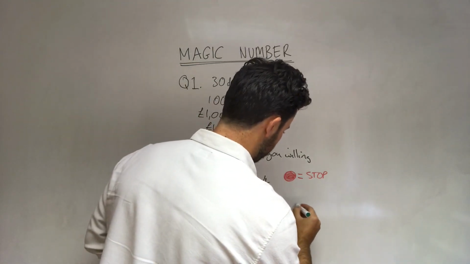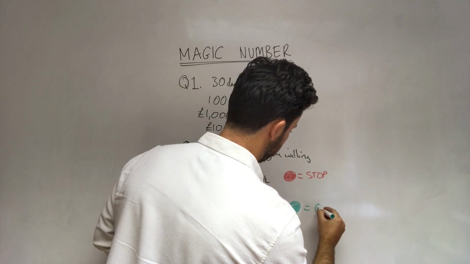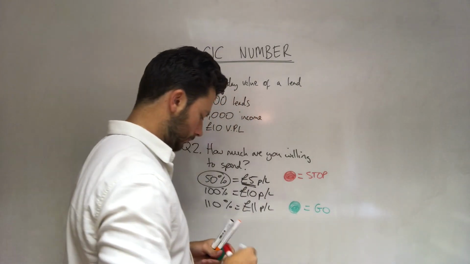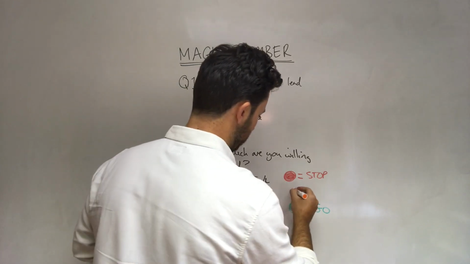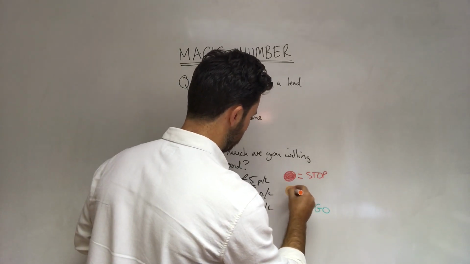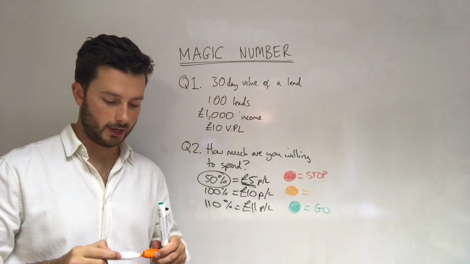We've got green, and green means go. And then we have orange. And we'll get to what orange means in a second.